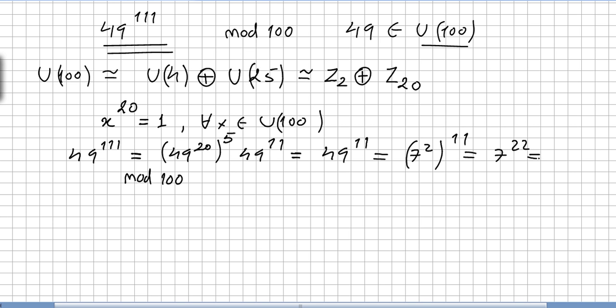That's 7 to the power of 22. But what is 7 to the power of 22? It is 7 to the power of 20 times 7 to the power of 2. Okay, and since this is 1, this will be 7 squared, and that's 49. Okay, so those are the last 2 digits of 49 to the power of 111.